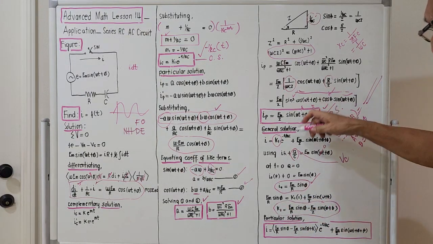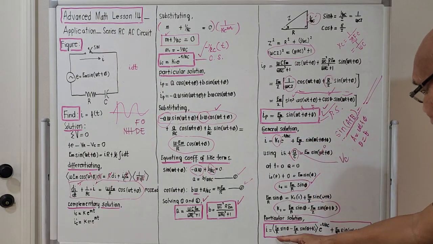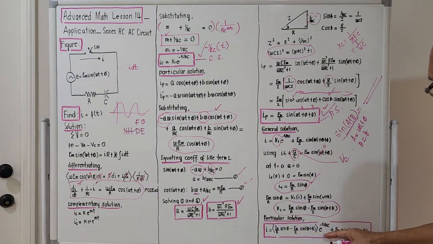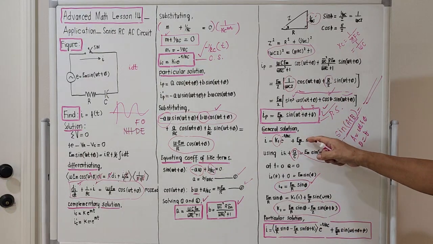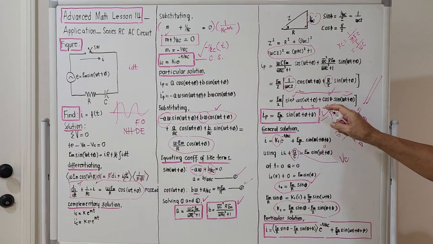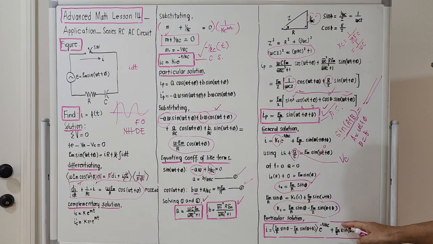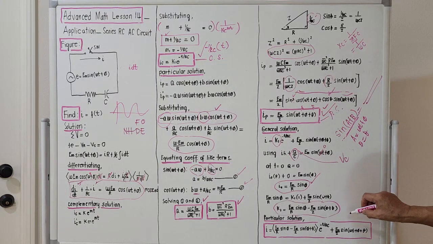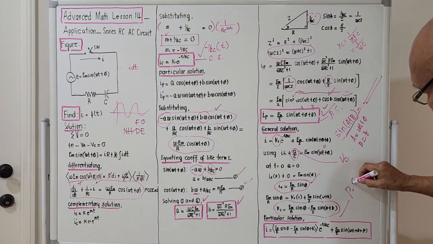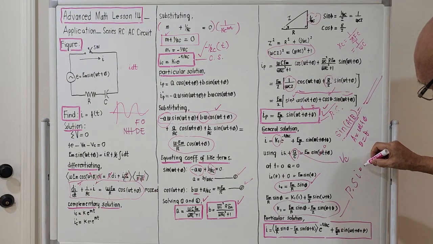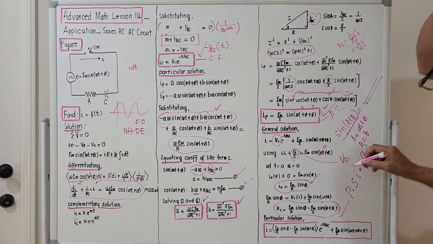Okay, we place it back here, it is this, times E raised to minus T over RC, plus the second part, the particular which we computed already, that is E sub m over Z, sine of the quantity omega t plus angle P plus angle theta. So this is now the solution, that is current as a function of time.